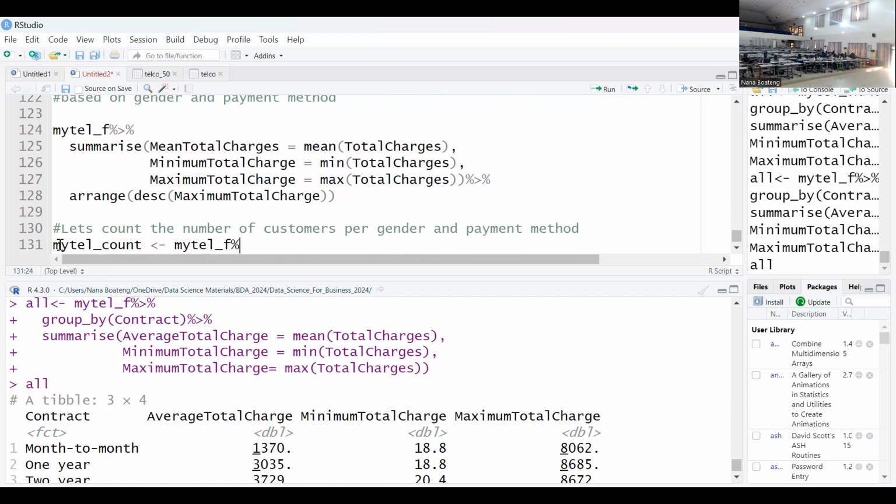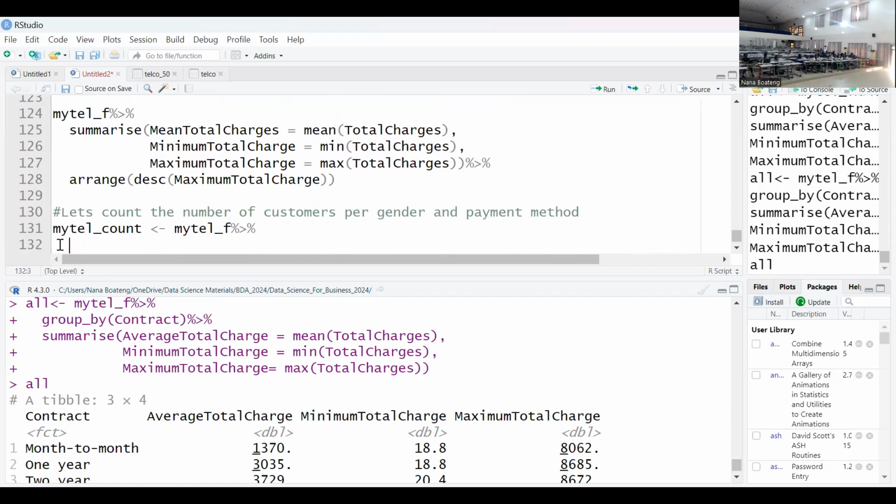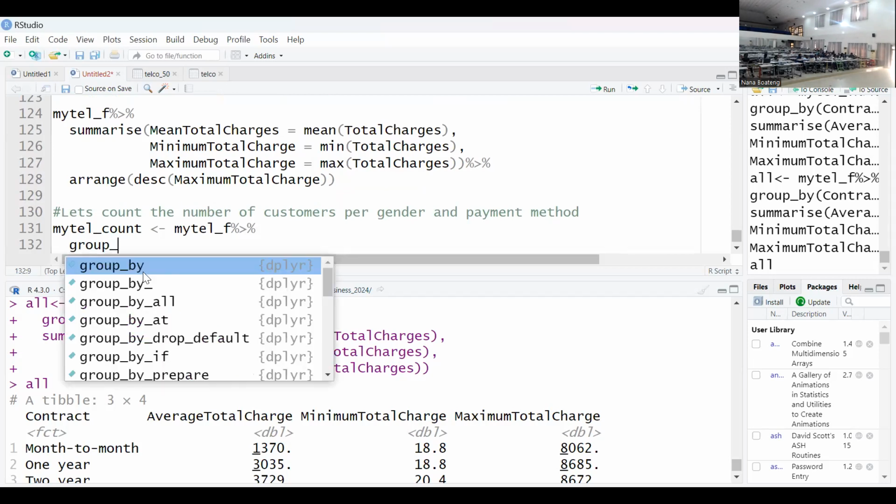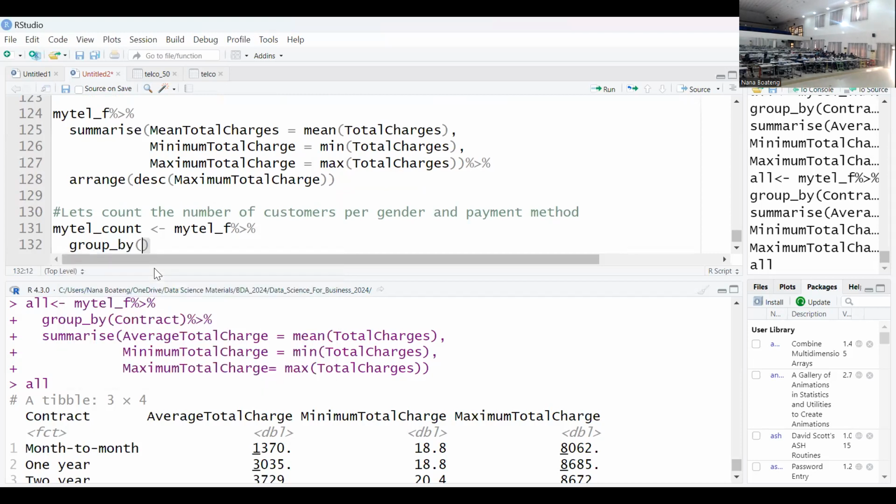Pipe that into group by. Group by, all right? We want to group by gender.